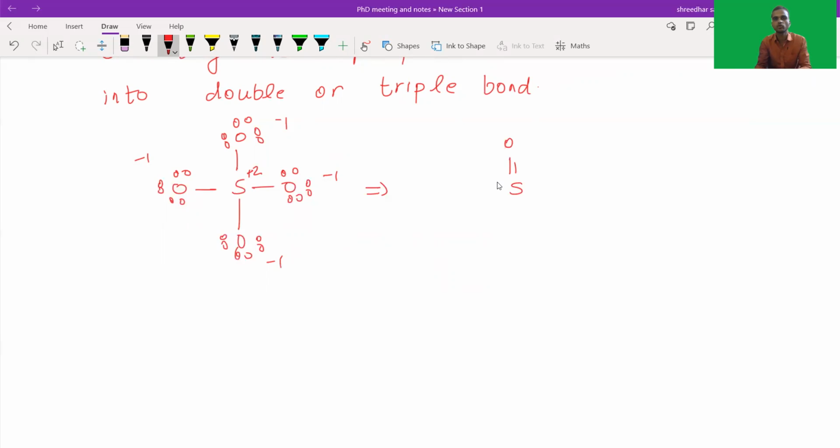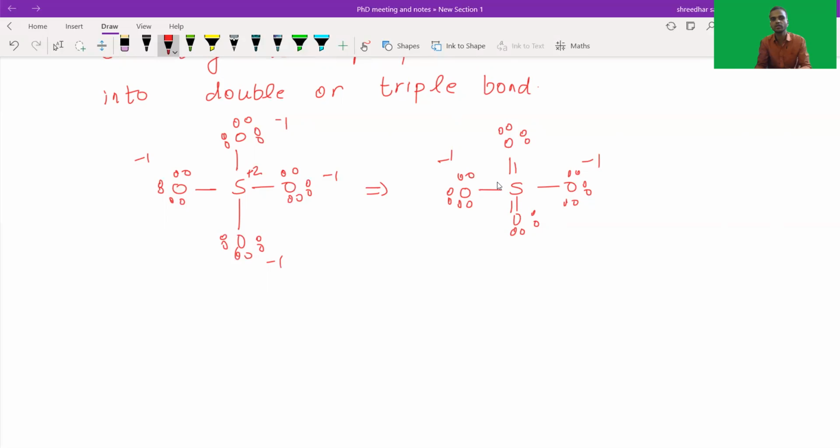Double bond O, double bond O, and O and O. Now we can see this will be having -1 formal charge, this will be having -1, and now 2 electrons from here, 2 electrons from here, 1 from here, and 1 from here. So sulfur is having 6 electrons, and in the neutral sulfur atom also there are 6 electrons.